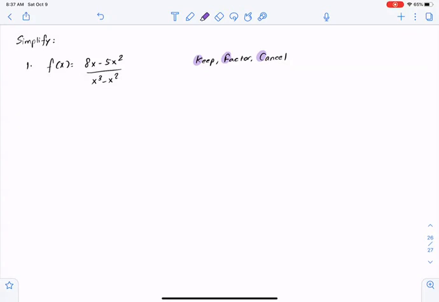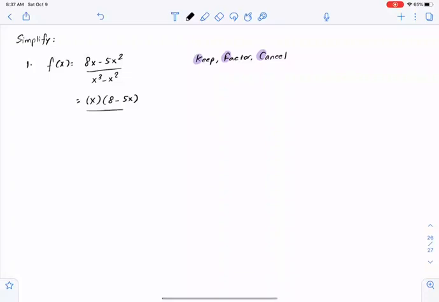So I look at the function f of x. There is no need for me to keep it as is because I see a bunch of x's that could be factored out. So I move on to the next step. I pull x out, which is the factoring step. I have 8 minus 5x in the numerator.